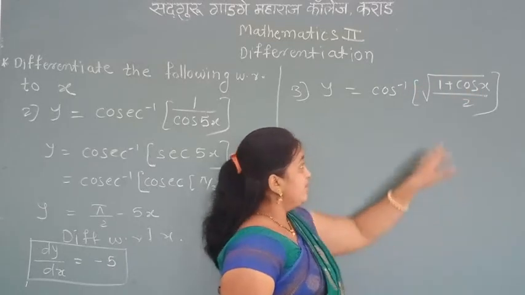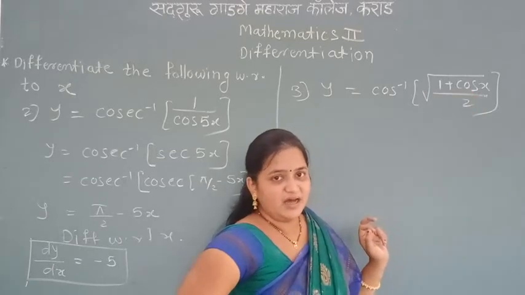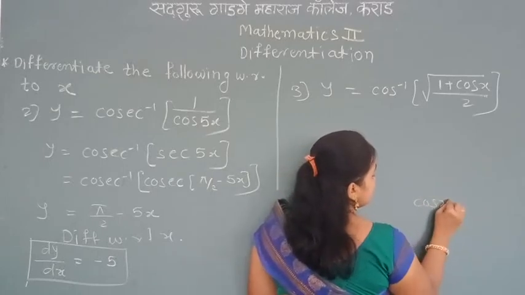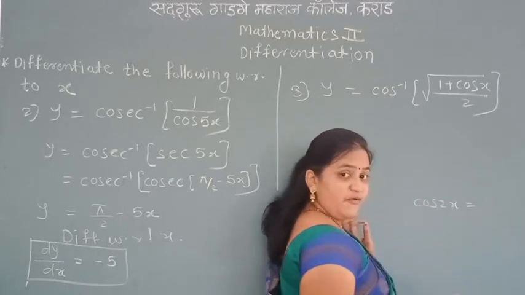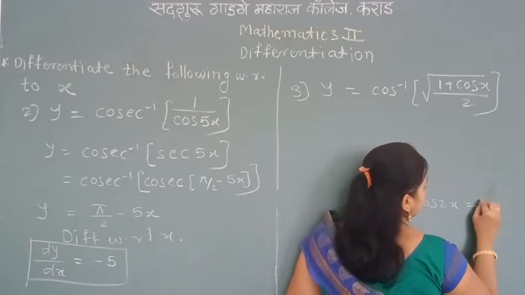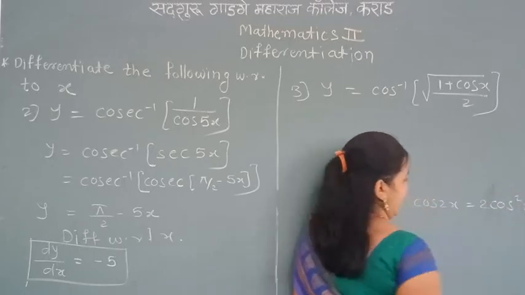How to delete it? So 1 plus cos x, which is a multiple angle formula. We know cos 2x, which formula? Cos 2x is equal to 2 cos square x minus 1.